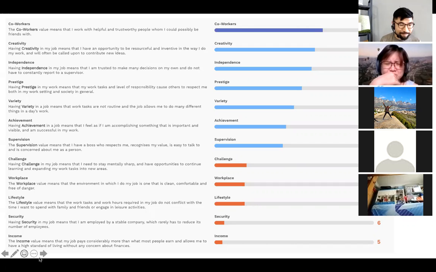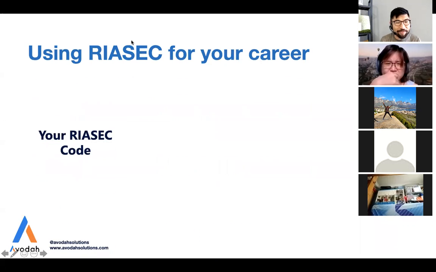Okay, so going back to this whole thing about RIASEC, today I want to give you three tips in how you can be using RIASEC for your career. So all of you going to the portal I mentioned earlier, you can actually get your free RIASEC code. Your free RIASEC code will be your 3-digit rating, a three-alphabet rating of your interests and your skills.